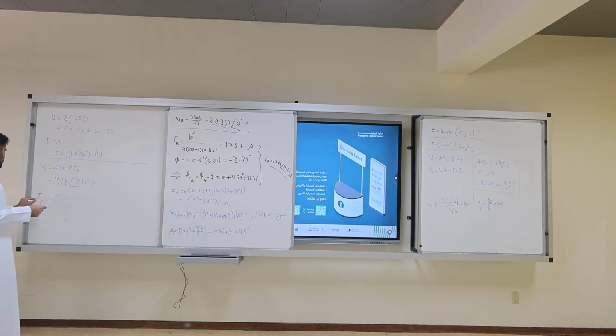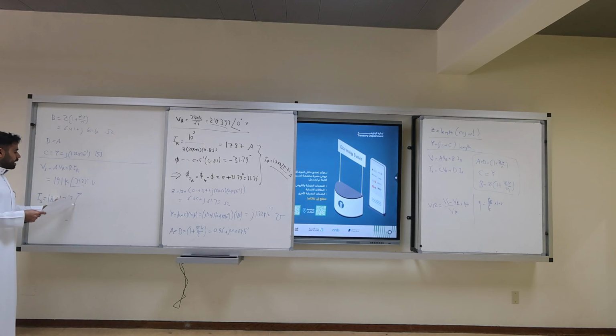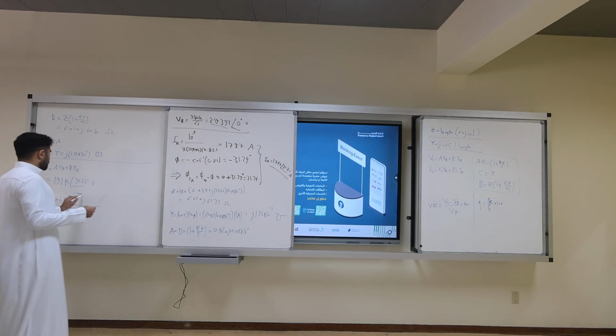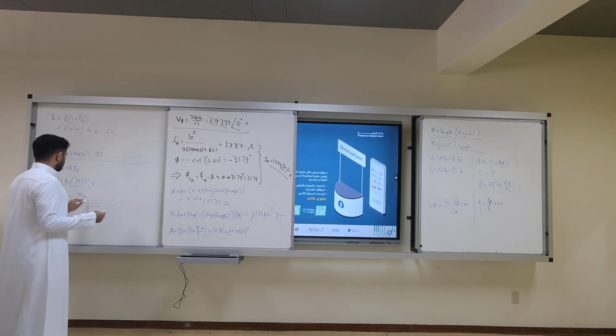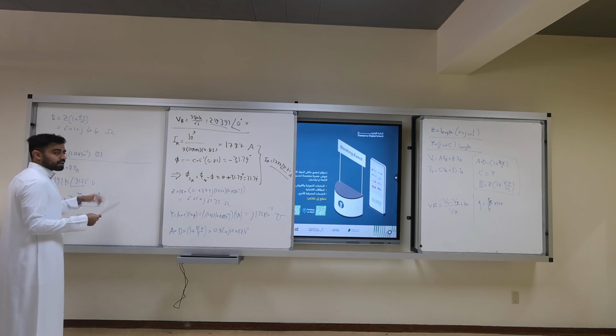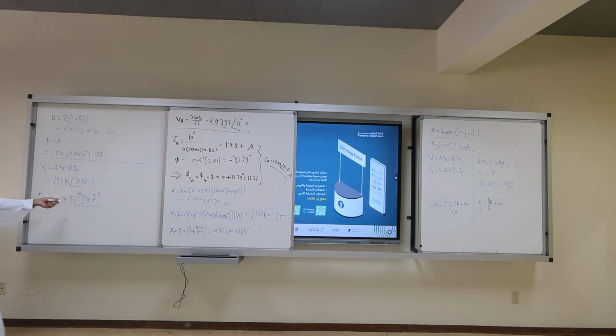And what is IS? IS is 1871.77 at an angle of 38.7, roughly. Depends if you round this or not.